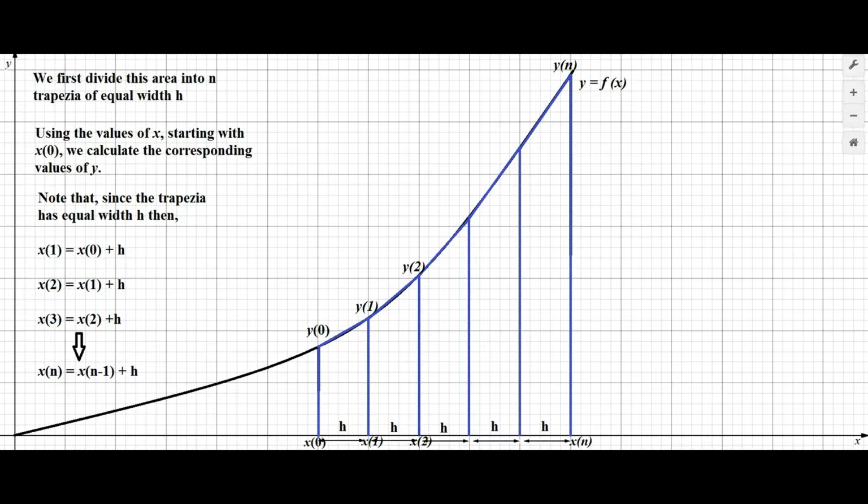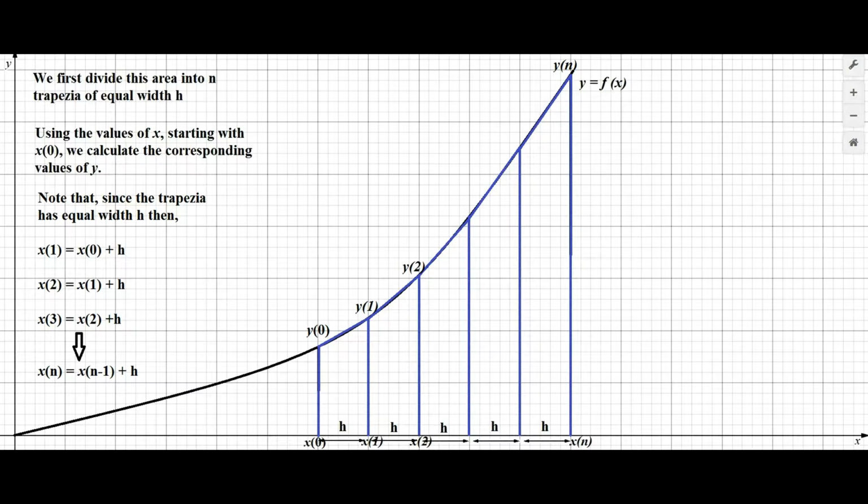In the same way, x2 will be the previous x value, x1, plus h. And x3 will be x2 plus h, and so forth until you reach the last x value, xn, and xn is the value of b on the previous screenshot.